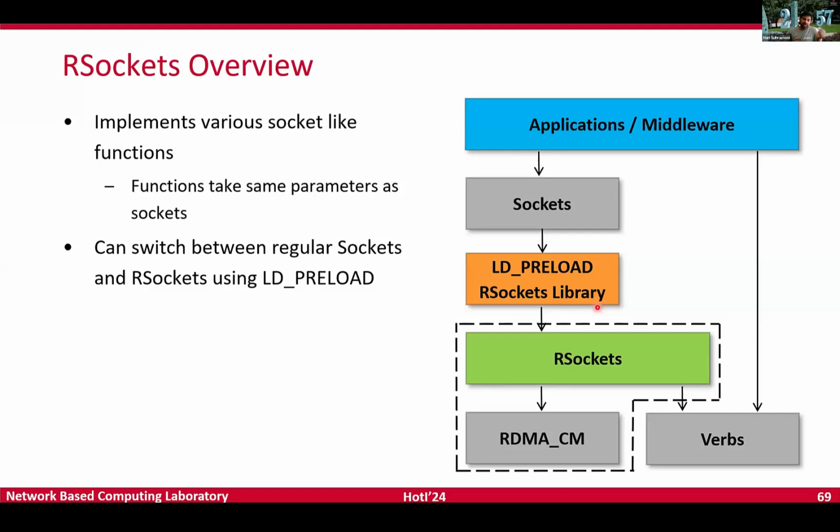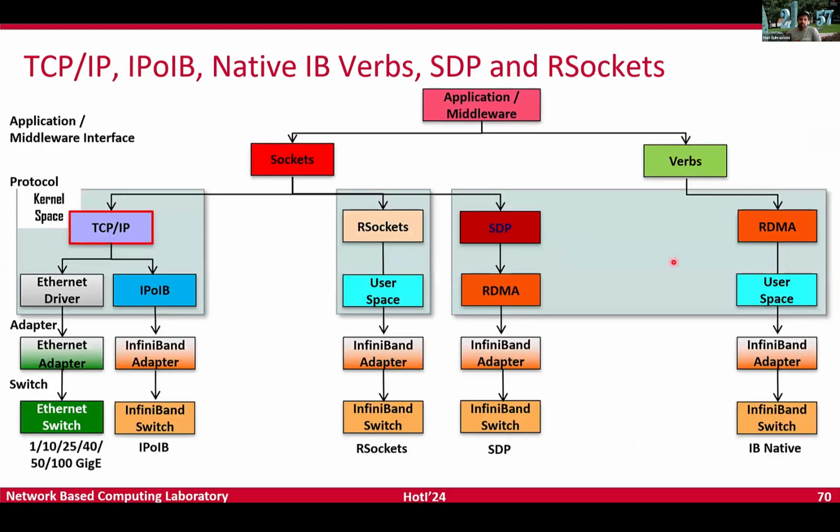Now, to address small message performance while retaining the socket semantics, some folks introduced what is called RSockets. This intercepts the sockets calls and makes them go over RDMA CM. This gives you good bandwidth and good latency. But unfortunately, because of the limitations of the sockets interface, you still cannot do RDMA or atomics directly from the application level.